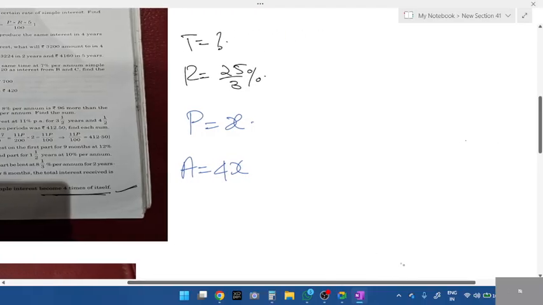If you substitute 3x and x, simple interest becomes 4 times of itself. Simple interest is equal to 4 times simple interest.